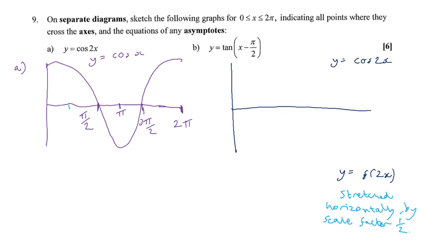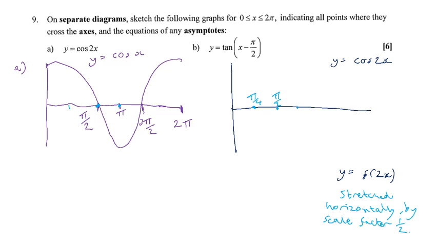So what I would do is I would think, well, this was pi over 2. So my new version, that point is going to be pi over 4. Before, it had a minimum point at pi. So its new minimum point is going to be at pi over 2. So let's just label up these points now.